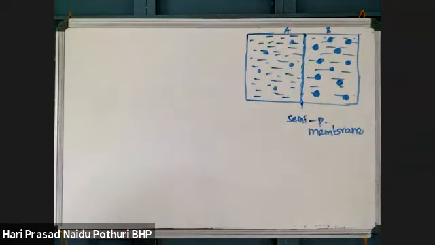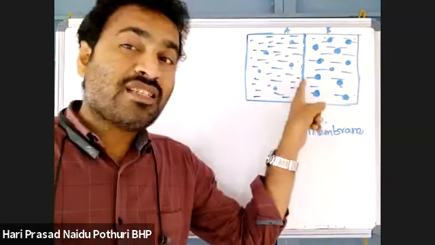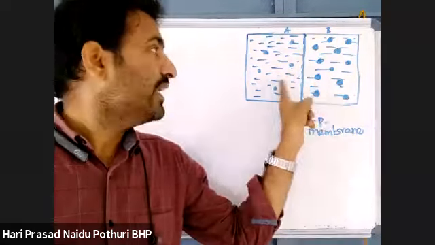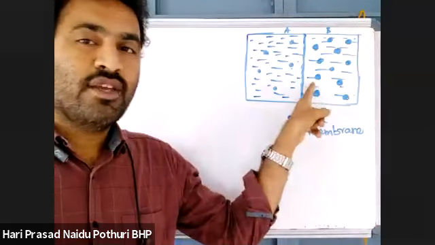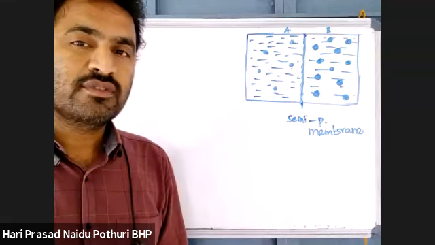Now, in which direction is there movement? Which chamber has less water potential, A or B? B. Which solution has more water potential? A.